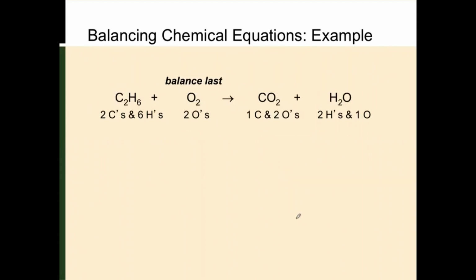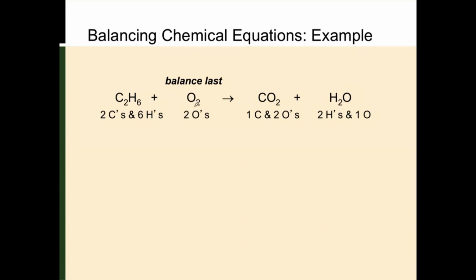Okay, so how might we go about balancing this equation? We have ethane, C2H6, reacting with oxygen to give carbon dioxide and water. It is a little bit similar to the methane we looked at earlier.